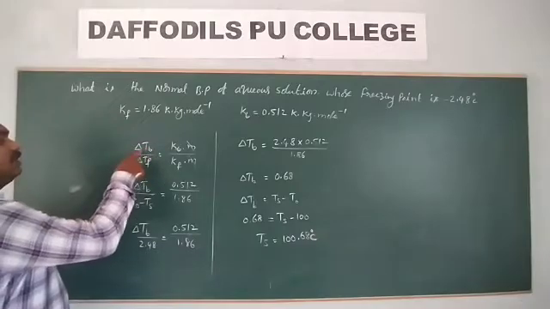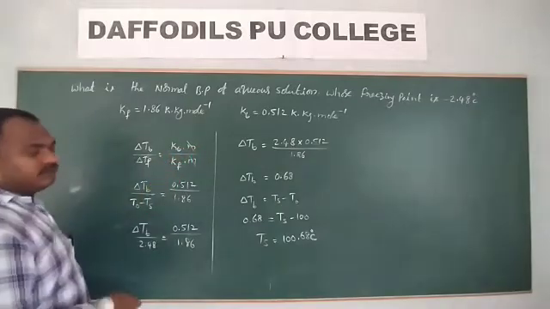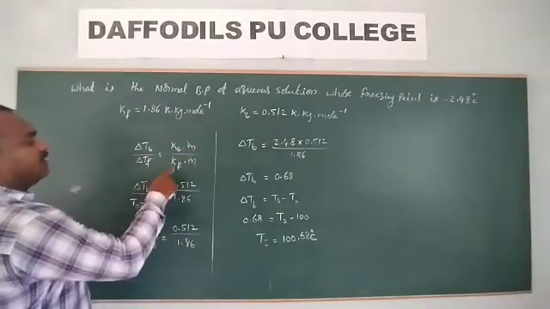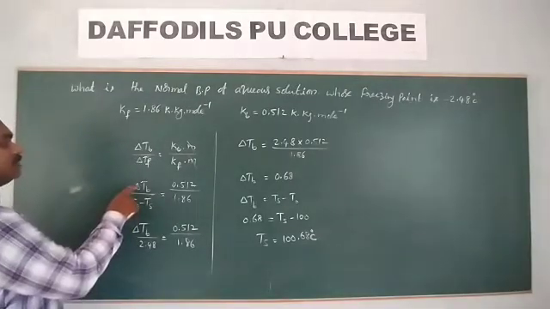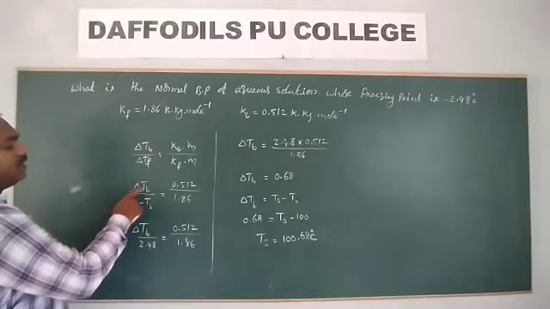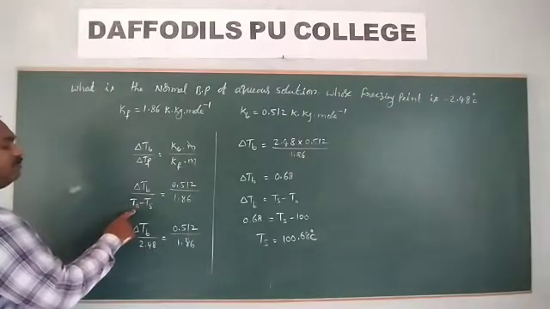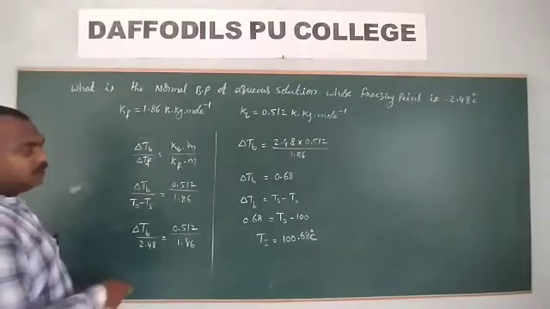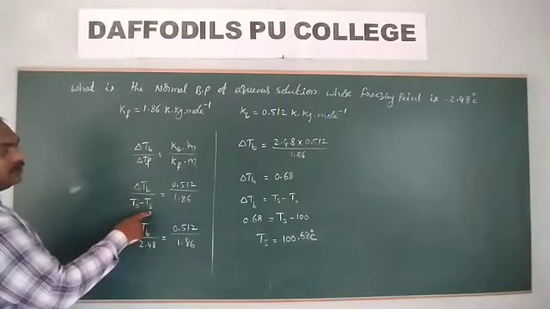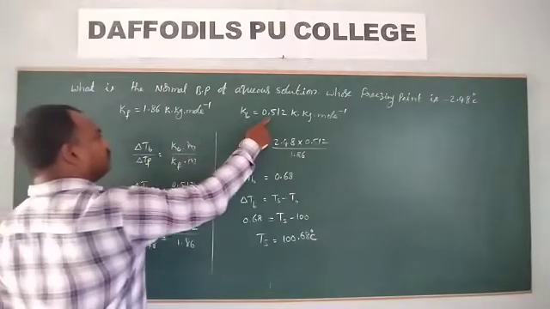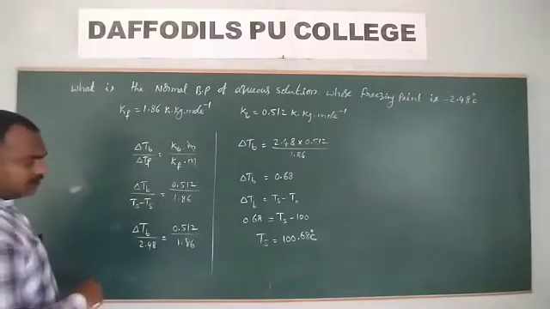Delta Tb by delta Tf is equal to Kb into m by Kf into m. Instead of delta Tf I am writing the formula T naught minus Ts. Kb is given as 0.512 and Kf is given as 1.86.